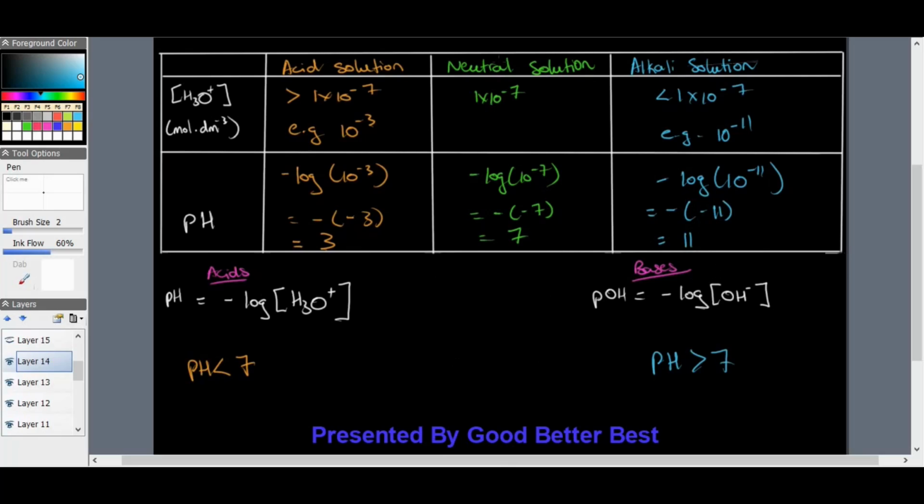If it's 7, we know it's neutral. And if it's acidic, we know it is less than 7. What I should probably also do is just switch these signs around, because they are a little bit funky. Put it back here.